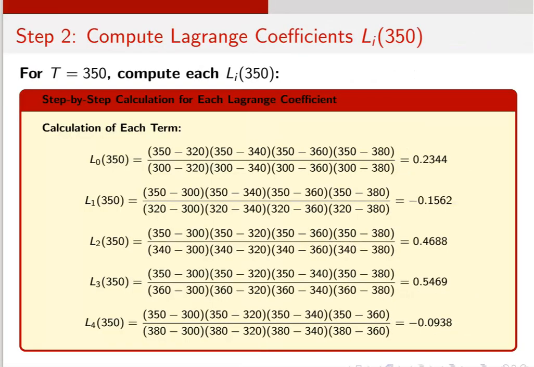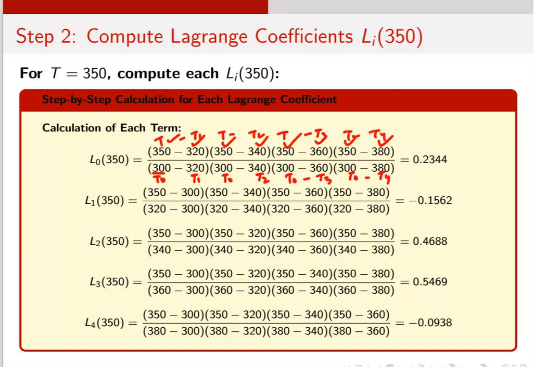So we have 350 minus 320, 350 minus 340, 350 minus 360, 350 minus 380 in the numerator, and T0 minus T1, T0 minus T2, T0 minus T3, T0 minus T4 in the denominator.